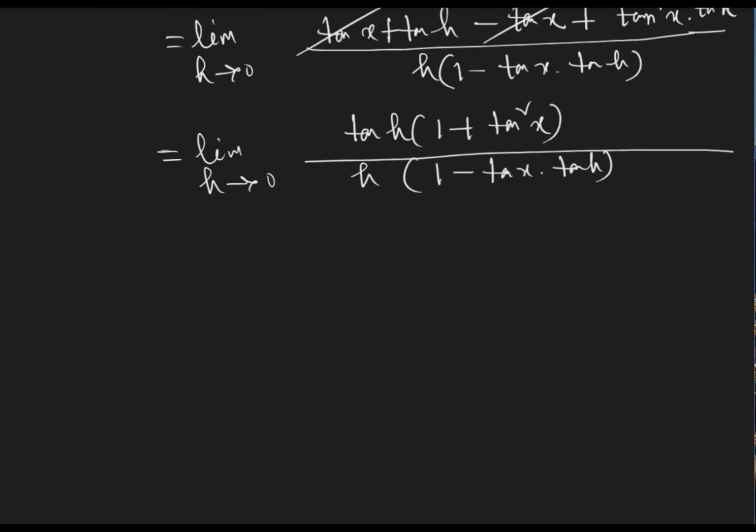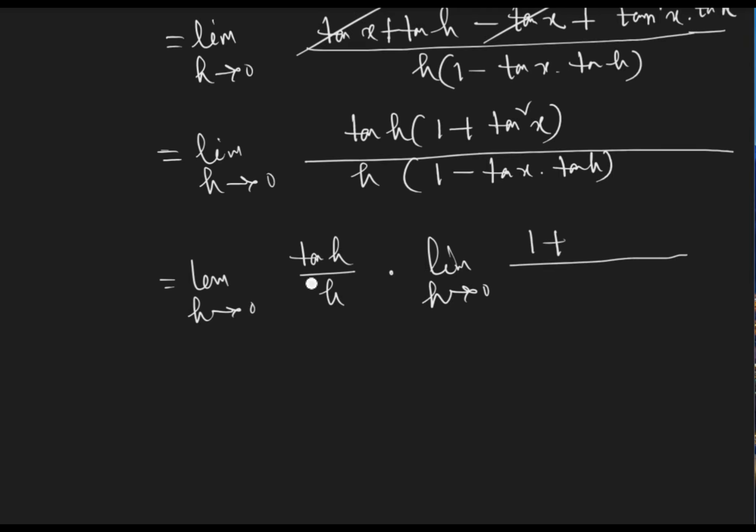And here we can separate, limit h tends to 0, and we could separate this part, and also the limit tends to 0 of 1 plus tan square x over 1 minus tan x tan h.